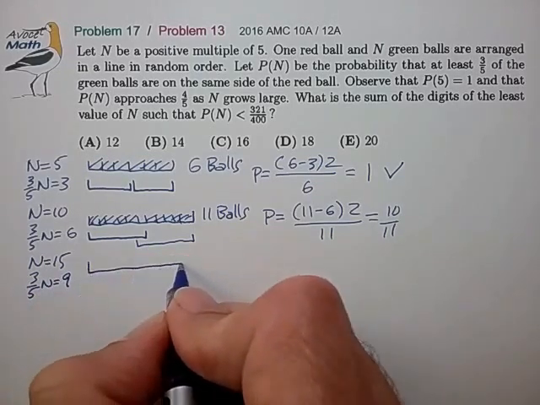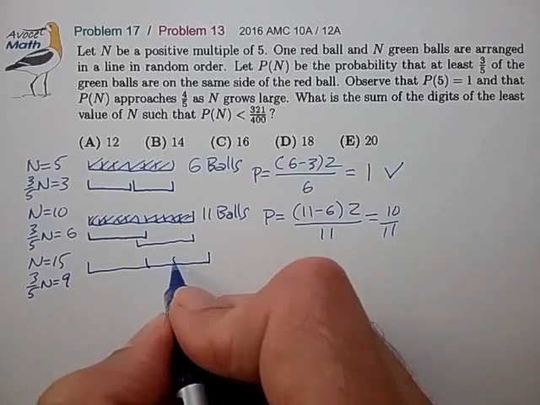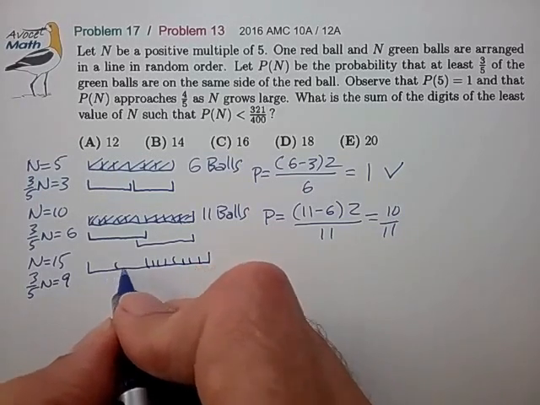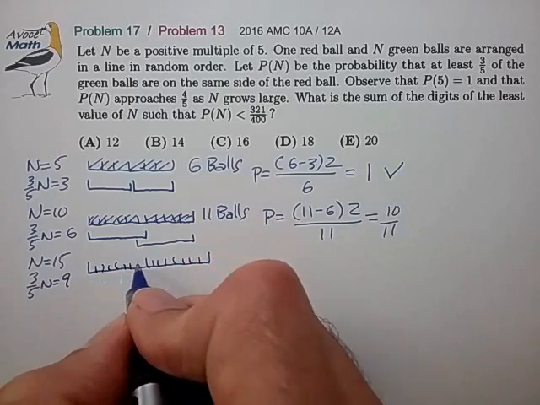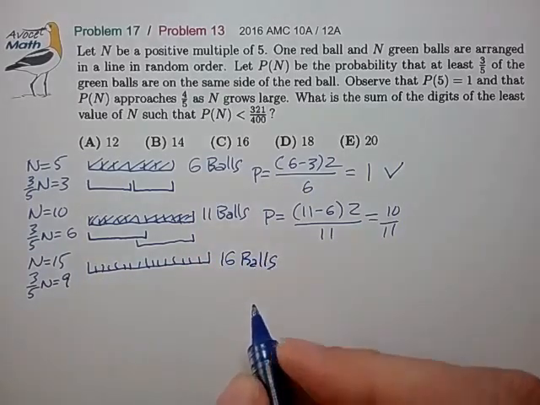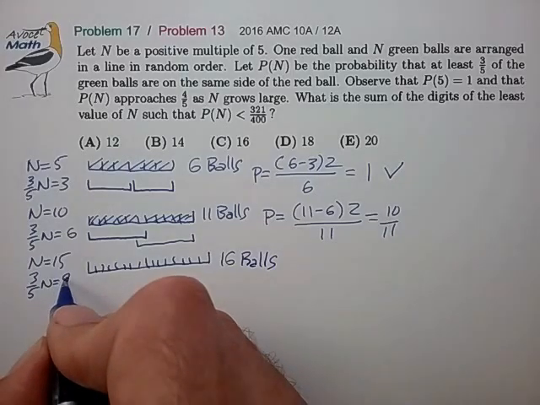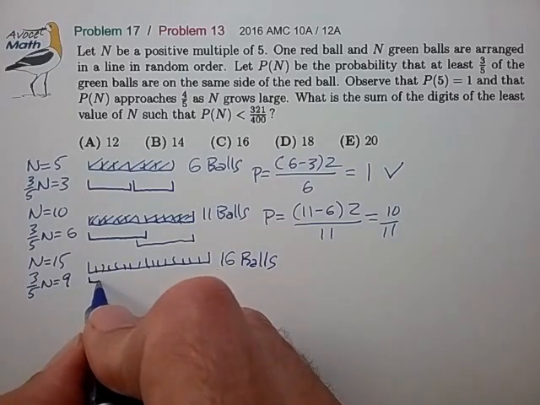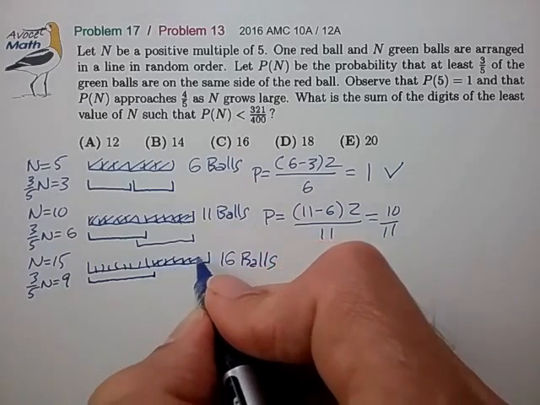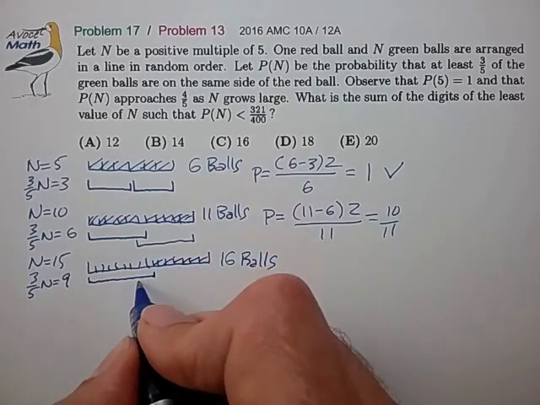Okay, so we have 16 balls. It's getting a little crowded. For the 9 green balls to the left, this specifies these locations for the red ball.